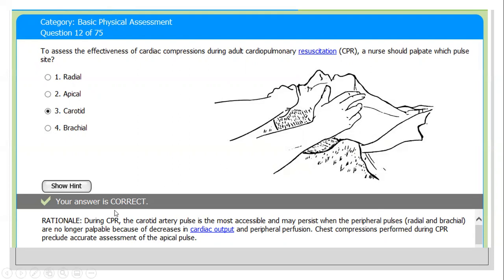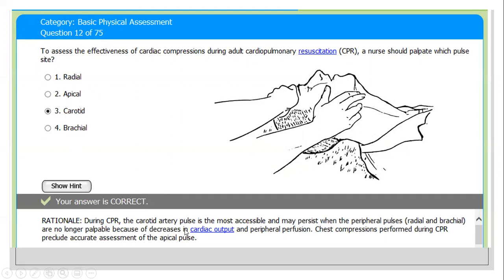The explanation of why carotid: during CPR, the carotid artery pulse is the most accessible and may persist when peripheral pulses are no longer palpable.